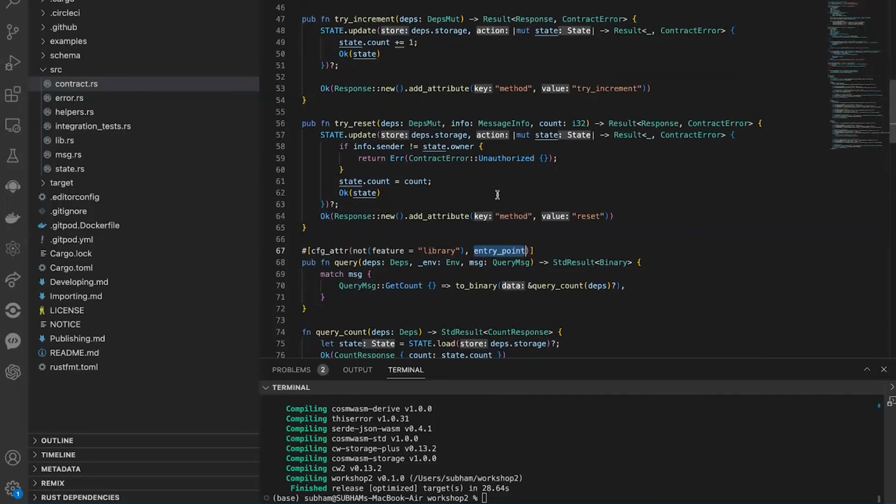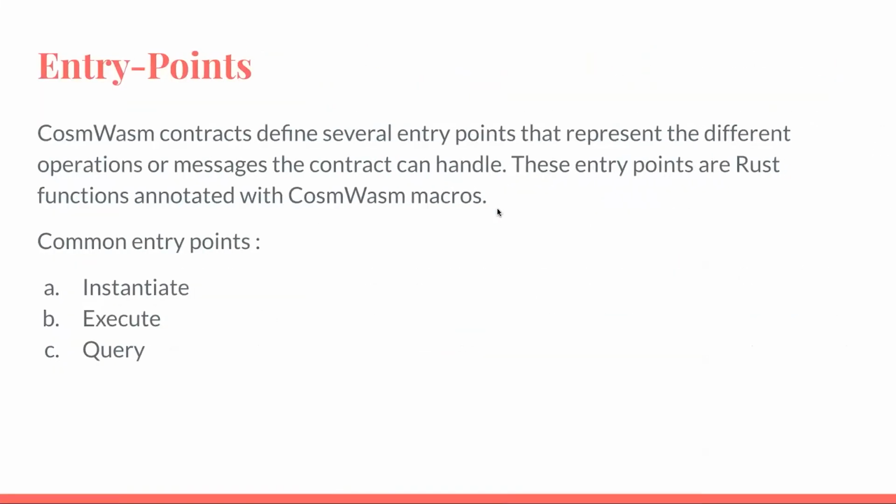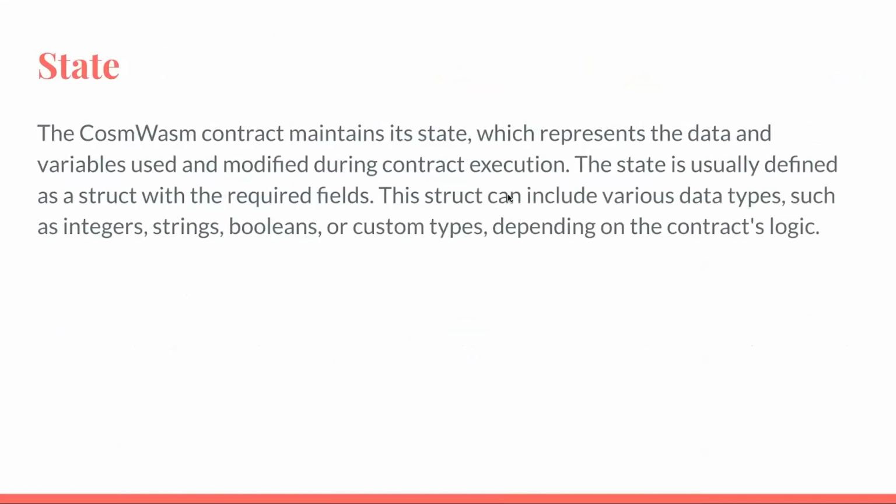You won't find entry points anywhere apart from these three right now. State, as I already mentioned, represents how the different data and variables are used in a smart contract, and they are defined with different structures or data types, which can be string, boolean, custom types, enumerators, and many more.